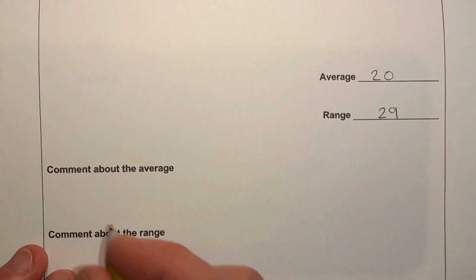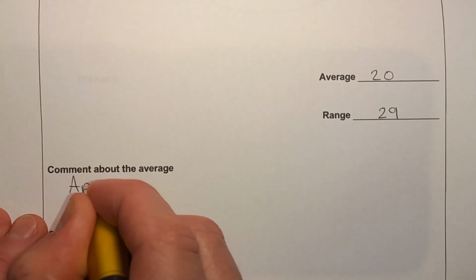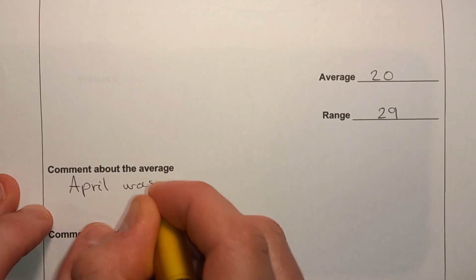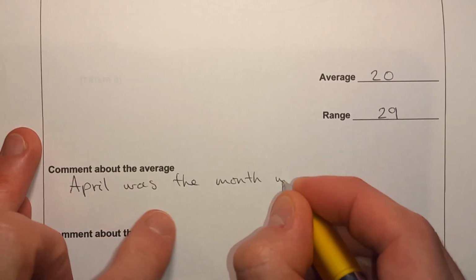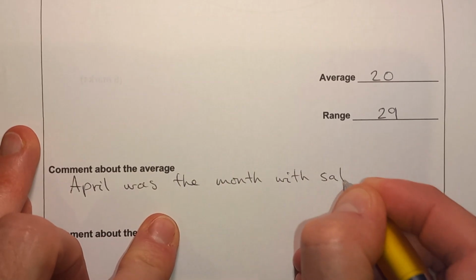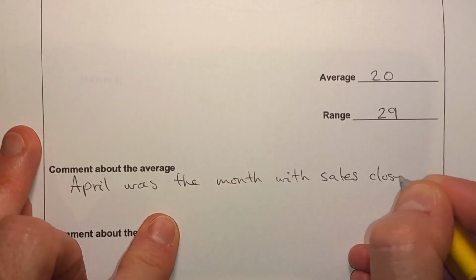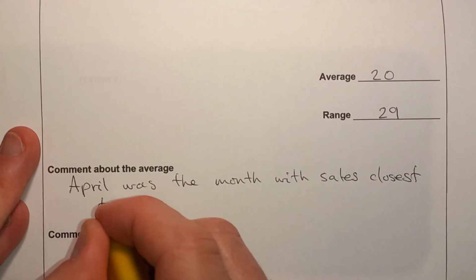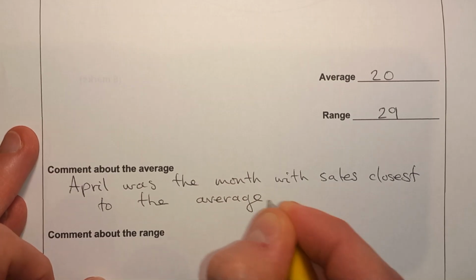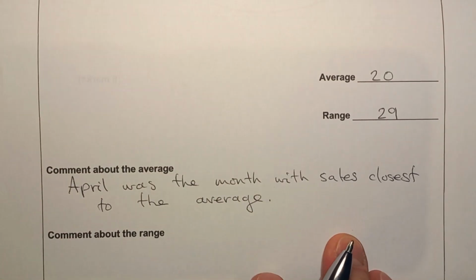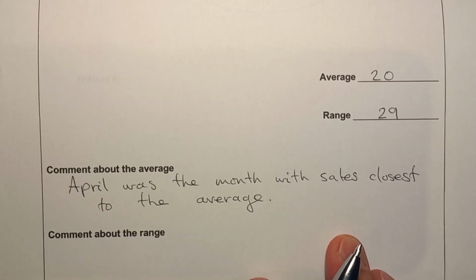Yeah, so April was the month with sales closest to the average. Maybe you could say how many months were less than the average or how many were more, something like that. And then we've also got a comment about the range.